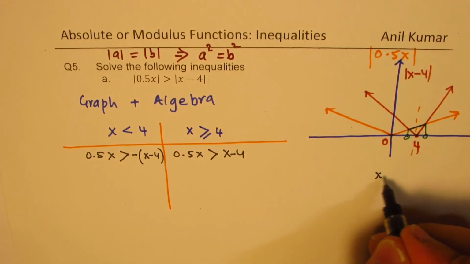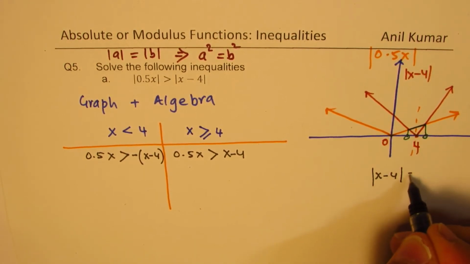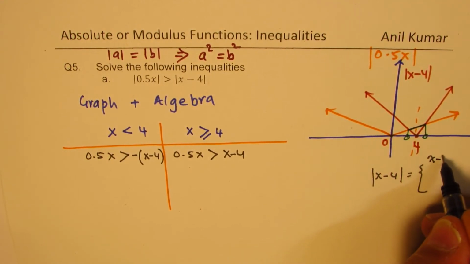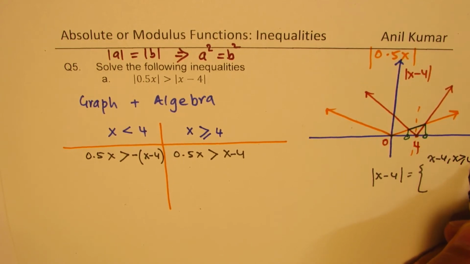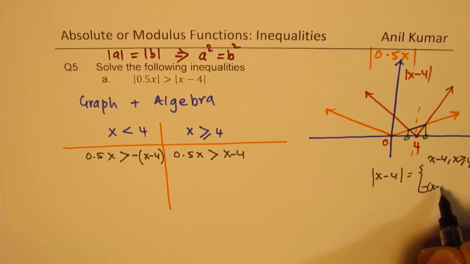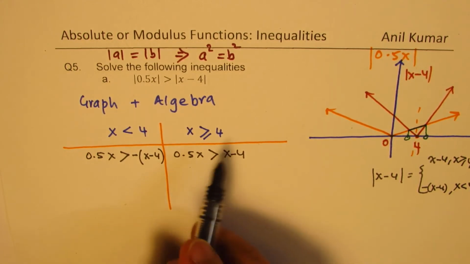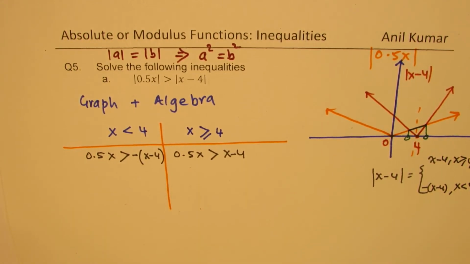Since the absolute value of x minus 4 can be written as a combination of 2 pieces, x minus 4 when x is greater than or equal to 4, but the negative of x minus 4 when x is less than 4. So we have used this concept to find the answer.